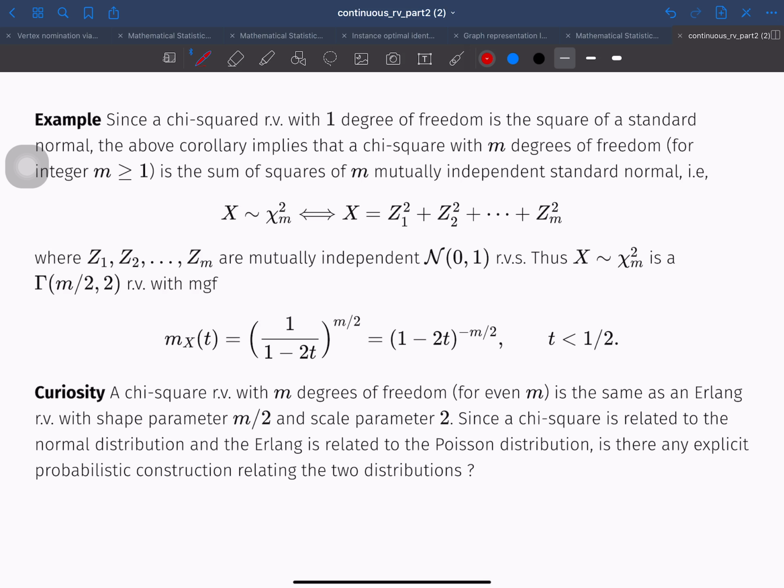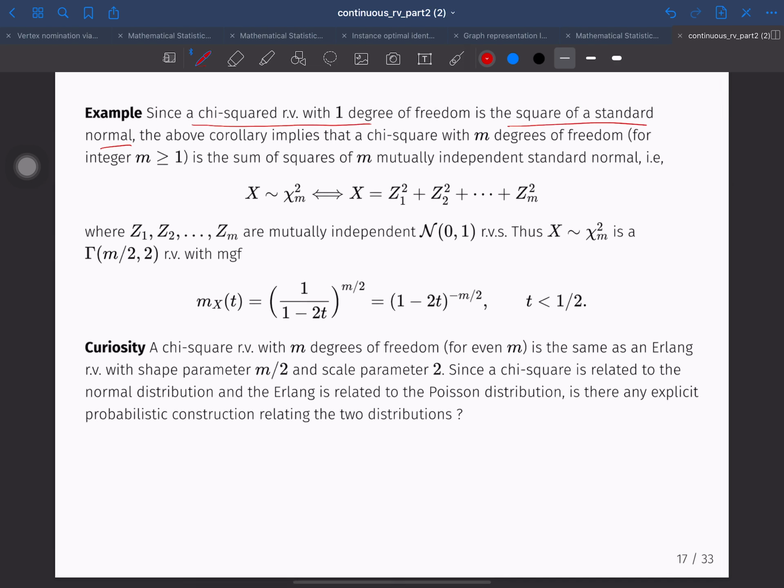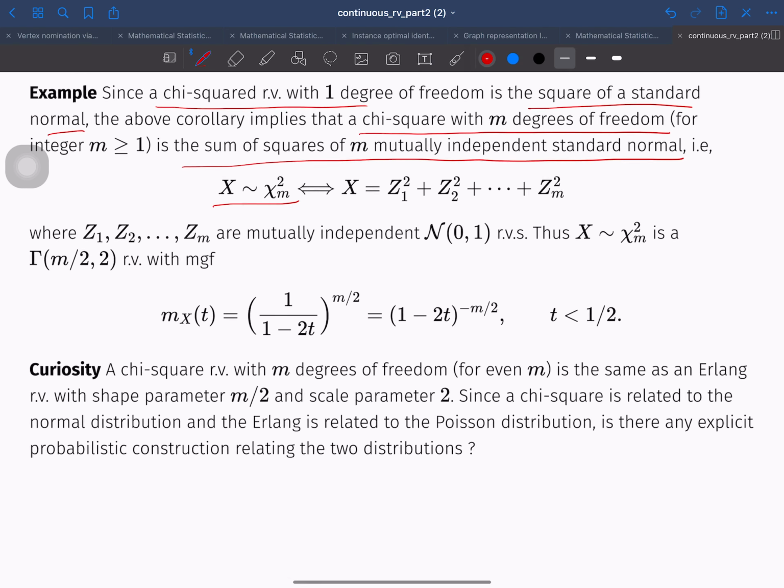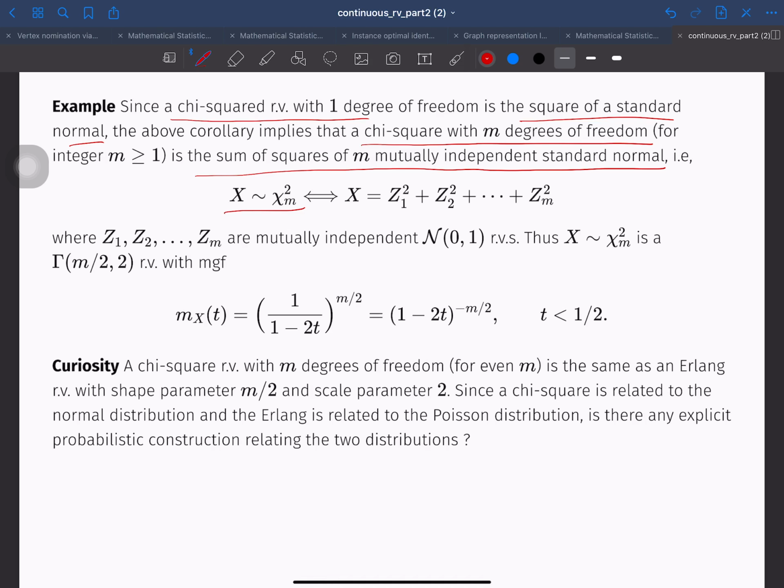Because a chi-squared with 1 degree of freedom is the square of a standard normal, a chi-squared with m degrees of freedom is therefore the sum of squares of m mutually independent standard normals. Because if X is chi-squared with m degrees of freedom, then X can be written as chi-squared 1 plus chi-squared 1 plus all the way to chi-squared 1. Each of these chi-squared is now a square of a normal: Z1 squared, Z2 squared, up to Zm squared.